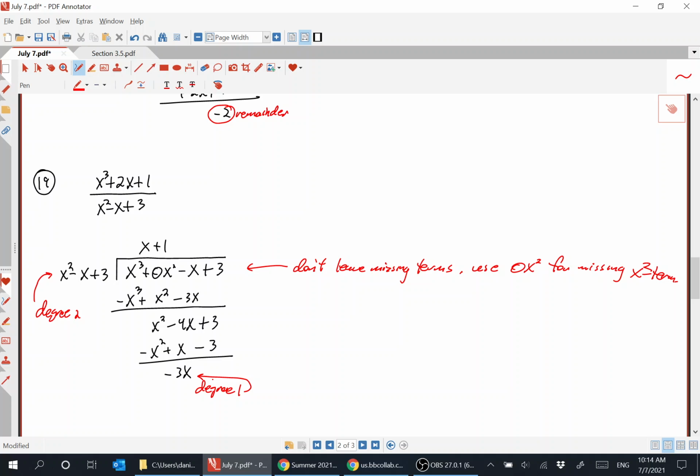Right? So that's my quotient and remainder. Or so that's my final step. So I need to end here where that's my remainder, and that's my quotient.